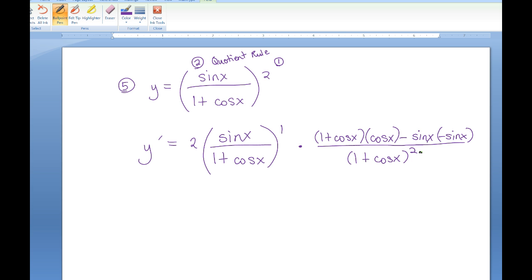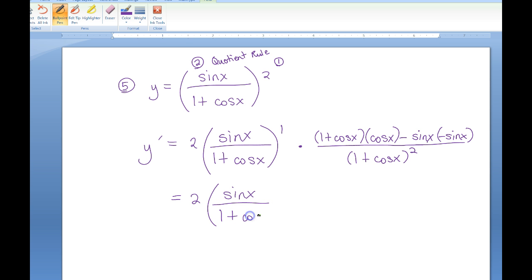Okay, so we don't want to leave it like this. We want to see how much of this we can simplify. So let's take a look at the numerator. Okay, so I feel like she's the only one who got that one. Hold on, I'm going to write it down.